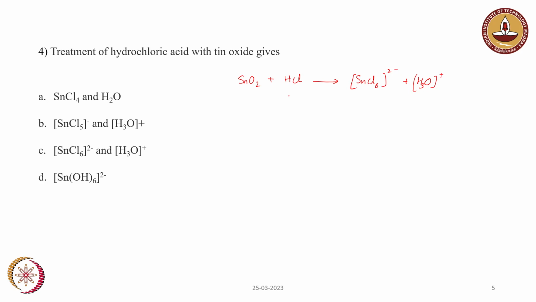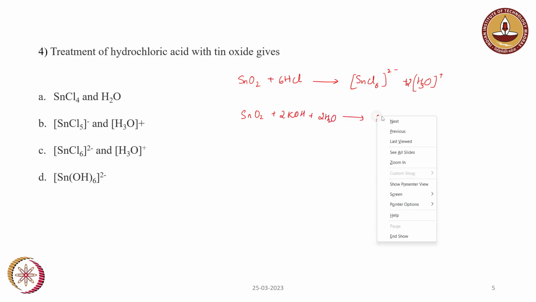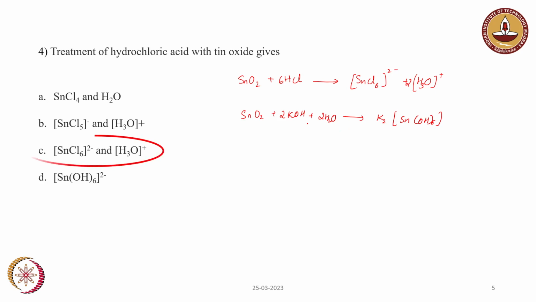So balancing the equation, it will be 6 HCl and 2 H3O plus. And if we treat SnO2 with KOH and water, it will give SnO2 plus 2 KOH plus 2 H2O, giving K2Sn(OH)6. So the answer is option C, SnCl6 2 minus and H3O plus.